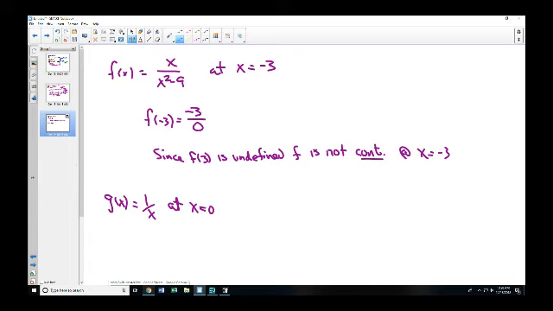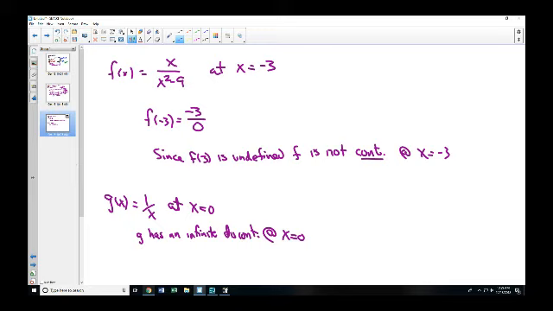What kind of discontinuity is that? You know what this graph looks like, right? Yeah, that's an infinite discontinuity. Okay. That's an example of an infinite discontinuity.